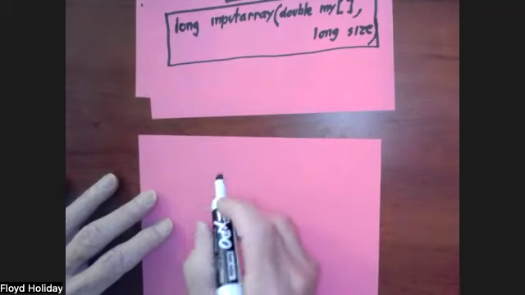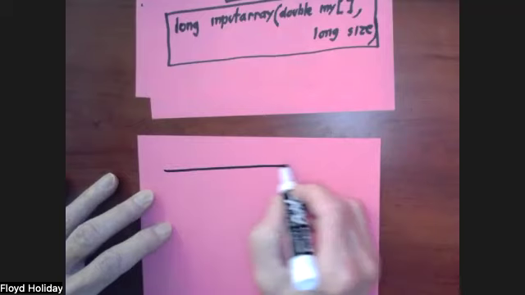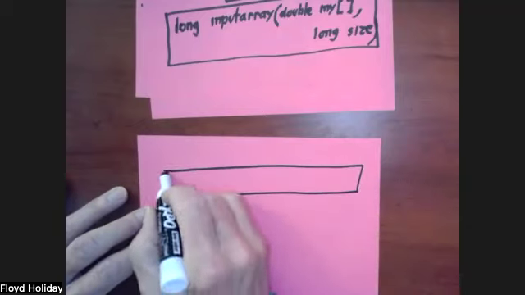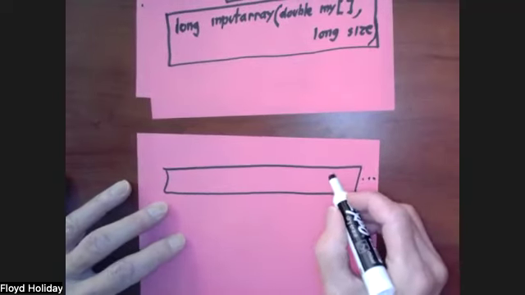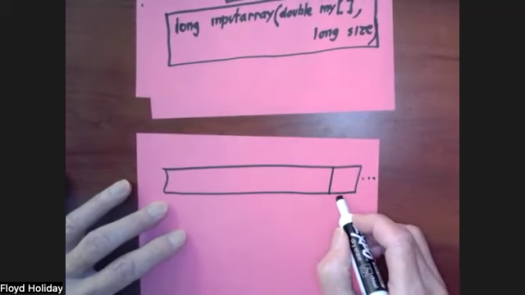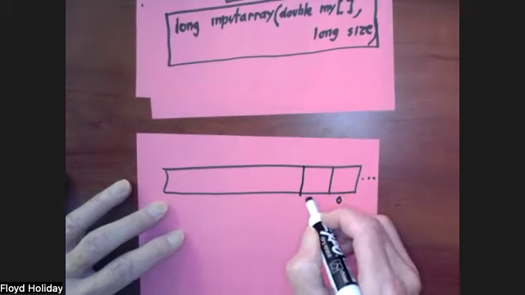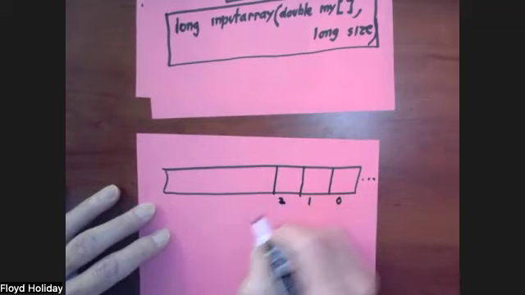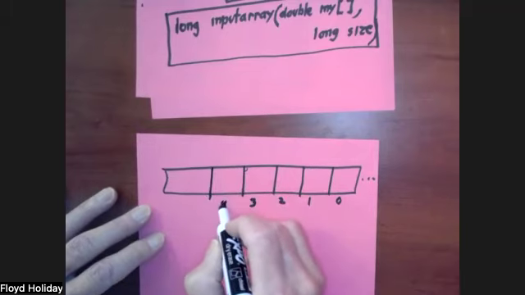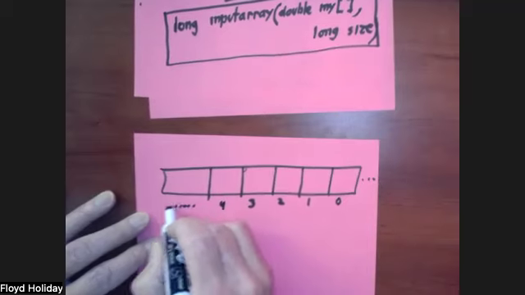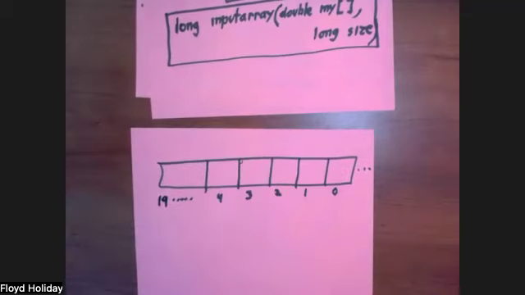Okay, see this view of memory. There's stuff out here. Think of each cell of the array. This is cell 0, cell 1, cell 2, cell 3, and so on, out to the 19th. The 19th cell is the last one. Those are index numbers, 0, 1, 2, 3, up to 19.